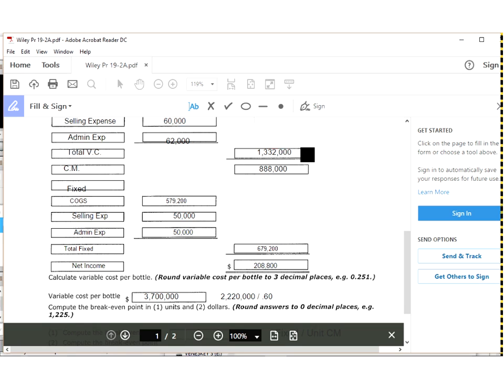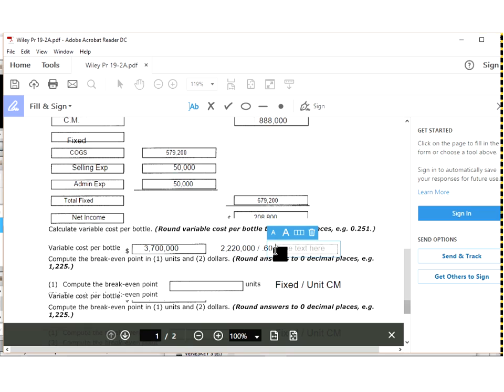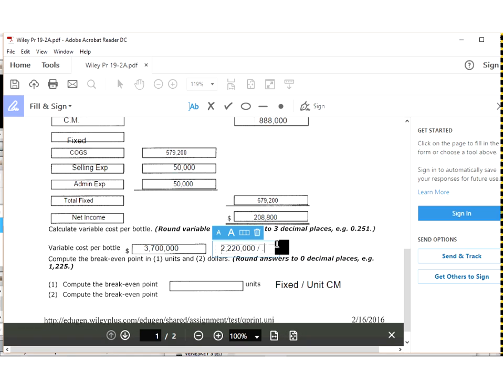Remember, my variable cost up in my income statement was 1.332 million. That's what I need to do here to get my final answer. And I'm glad I caught that now instead of a little later. So I want to take that 1,332,000, that cost, and divide it out over those 3.7 million actual units that I made.